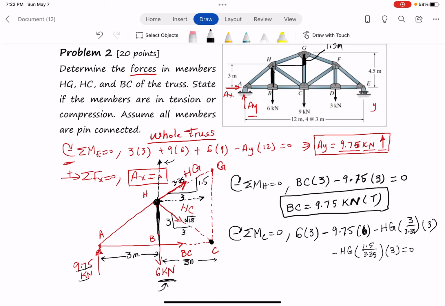So, minus 9.75 times 6 plus 6 times 3, HG 3 over 3.35 times 3. Now you will put this into your calculator. You'll find HG, it will be minus 10 kilonewton. So the answer would be 10 kilonewton compression.